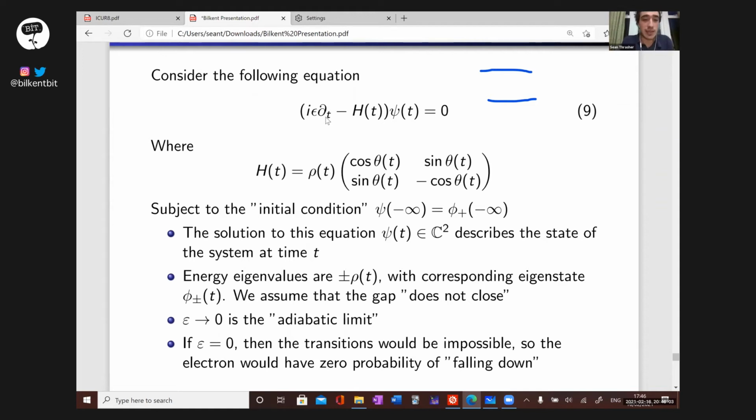And as I alluded to, a Hamiltonian is a matrix. So it'll turn out to be something like this, where rho and theta are functions, okay? And basically this is known as the Schrodinger equation.